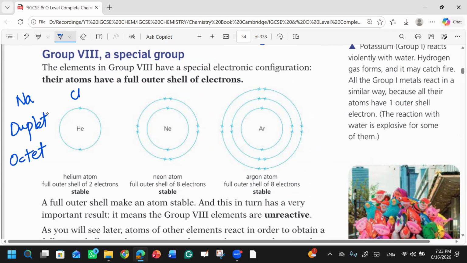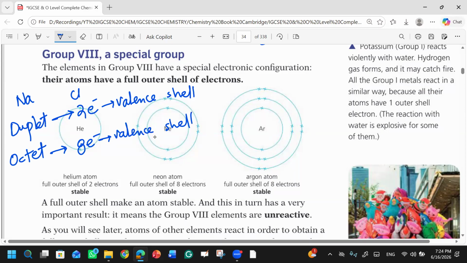According to the duplet rule, those species which have few electrons want at least 2 electrons in their valence shell for stability. According to the octet rule, there are some elements which want 8 electrons in their valence shell for stability.